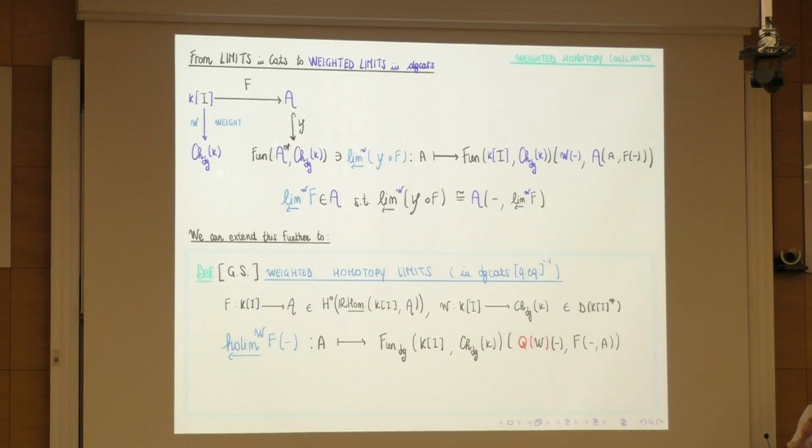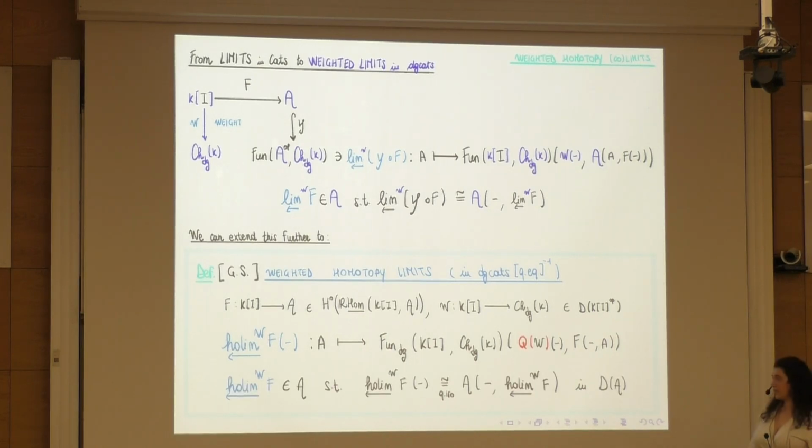So this is the same idea as when we define the right derived functor, and this is enough for this limit to take care of the homotopy theory in the DG category. And again here, this was the functor, and we ask for representability, but in the derived category. So this is a weak representability. And so this is the notion of weighted homotopy limits in DG categories.